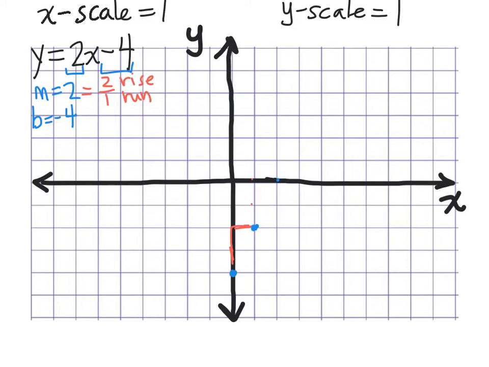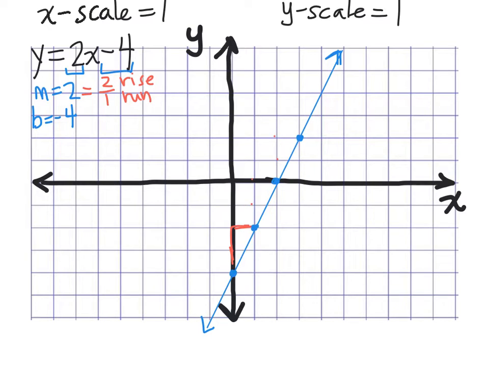That gives me another point on my line. Again, rising 2, running 1, that gives me another point on my line. So when I draw my line, I know the line will go through those points. So I can physically see my growth triangles, but I usually don't draw them. I usually just tap on the paper to keep track of what I'm counting for my rise and run.